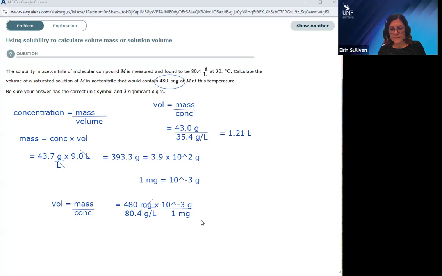Milligrams cancel, grams cancel, and our volume is 1 over liters, which comes out in liters. Of course, you could have been asked for milliliters or something like that, in which case you could then convert liters into milliliters. So 480 divided by 80.4, whatever that turns out to be, would be 0.00597.